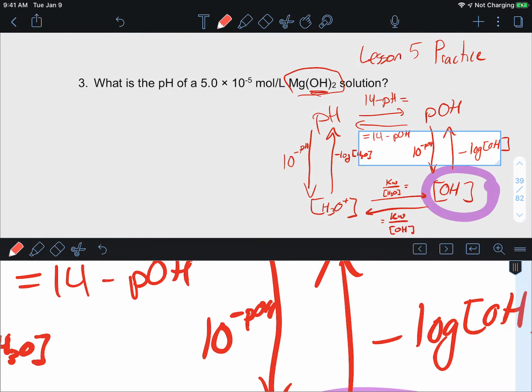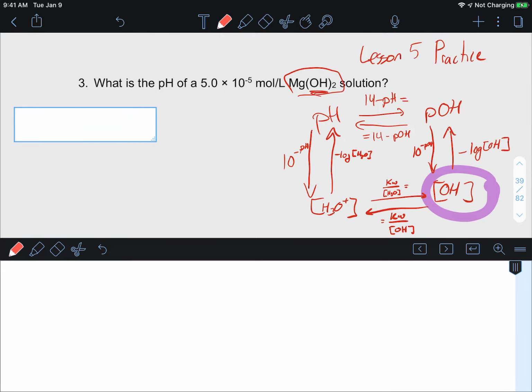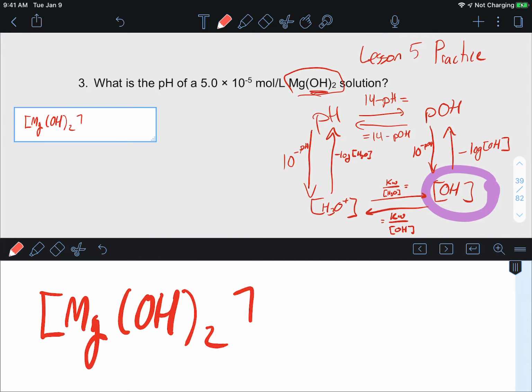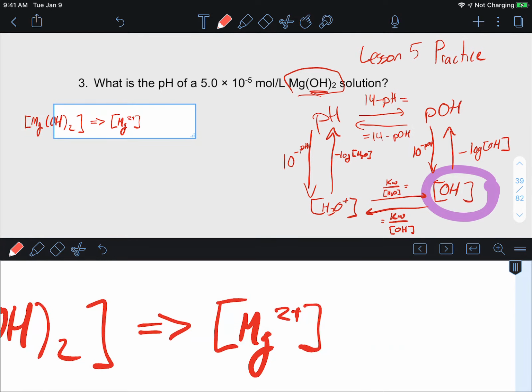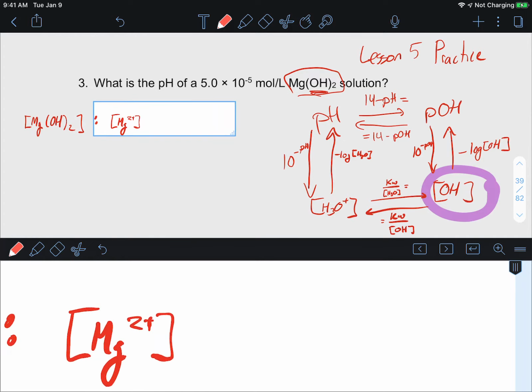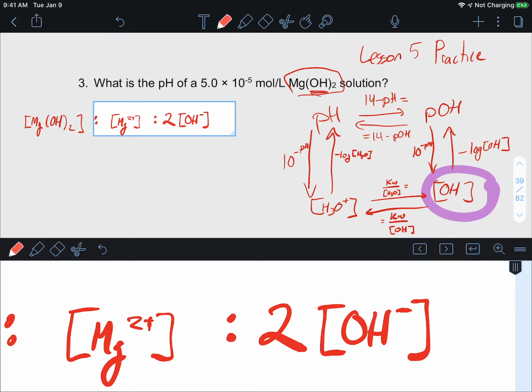So first things first, I need to think about what is the dissociation of magnesium hydroxide. Whatever the concentration of this, if you undergo the dissociation, there's going to be one magnesium, so the ratio will be 1 to 1 with magnesium, but there will be 2 times the concentration of hydroxide, because we have a ratio of 2.